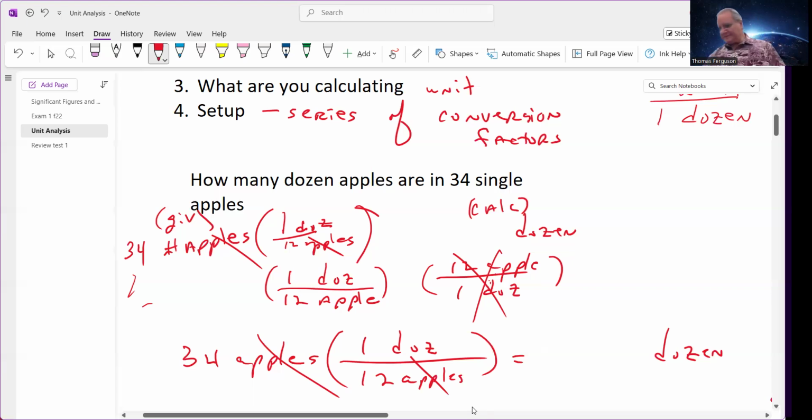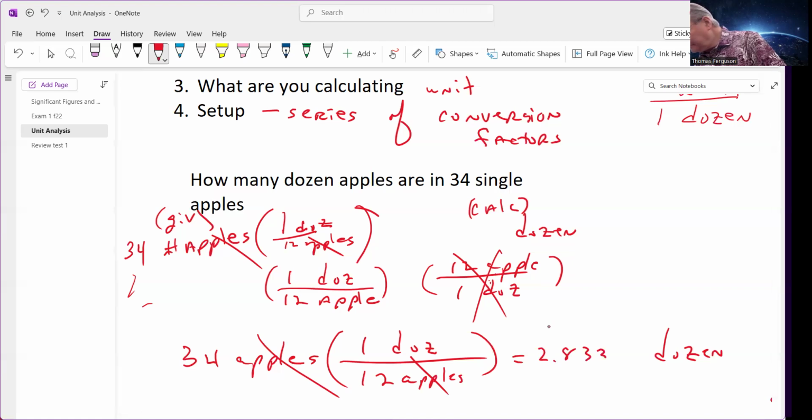So we're at, okay. So this is a division problem or a multiplicative inverse multiplication problem. So we're going to be using the rules for multiplication division. So how many sig figs is 34? 2.